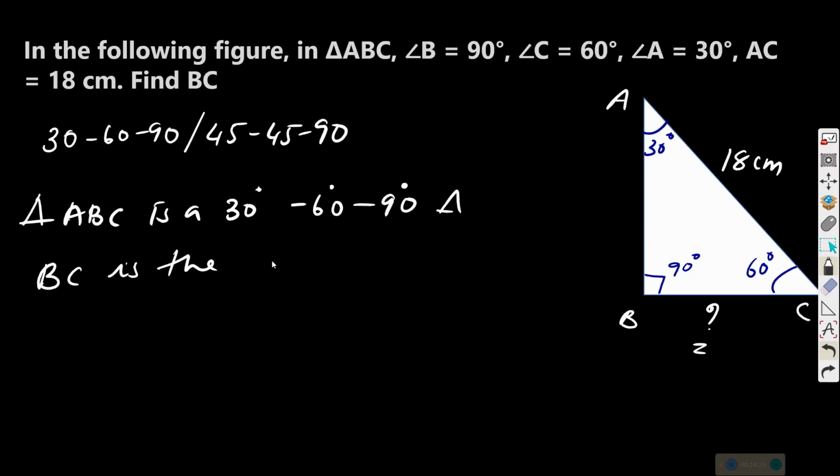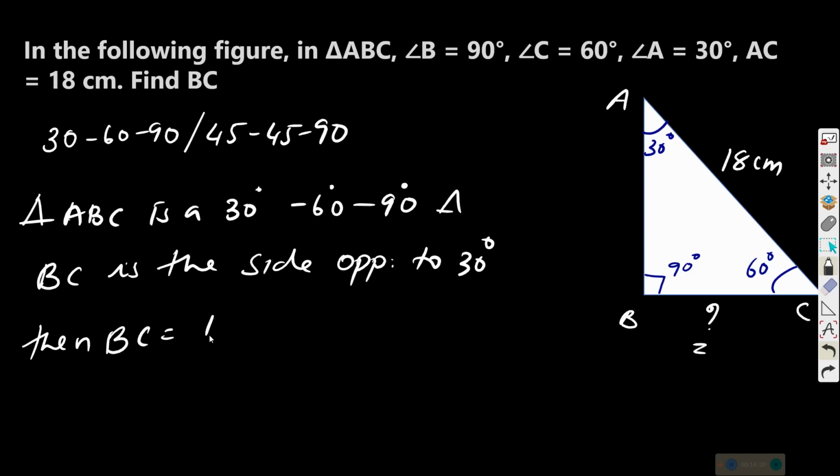BC is the side opposite to 30 degree. So naturally we will be applying the theorem of 30, 60, 90 degree, where the side opposite to the 30 degree, which is BC in this case, is half of hypotenuse, that is half of 18, which is equal to 9.